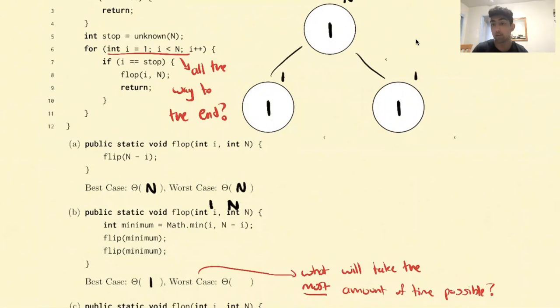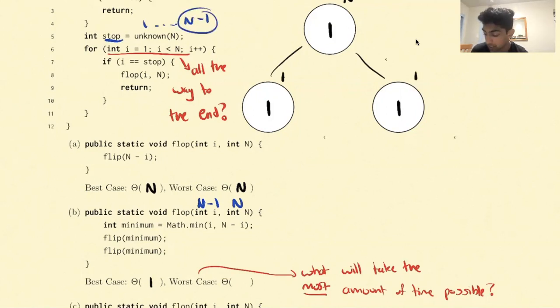So if this for loop goes all the way to the end, we will call flop of n minus 1 and n. You guys see that? Because if it goes all the way to the end, we know stop is some number between 1 and n minus 1, right? So in that case, stop is at the very end, stop is n minus 1.